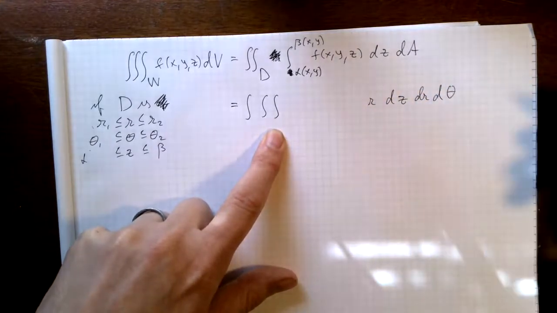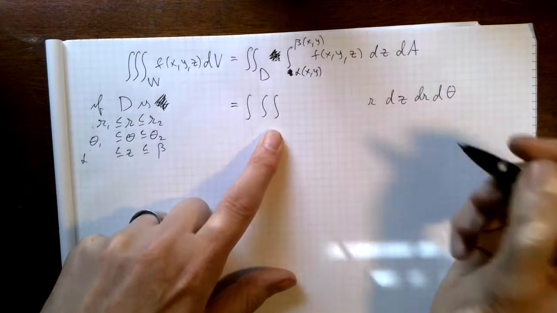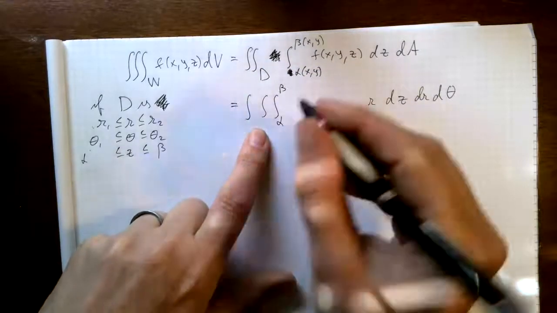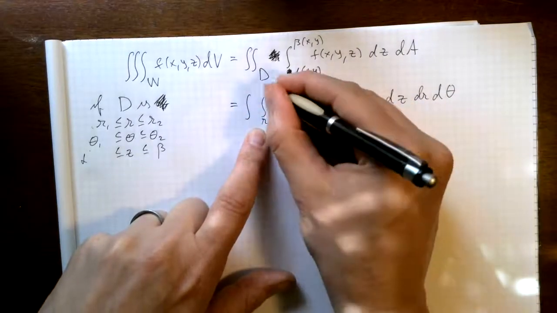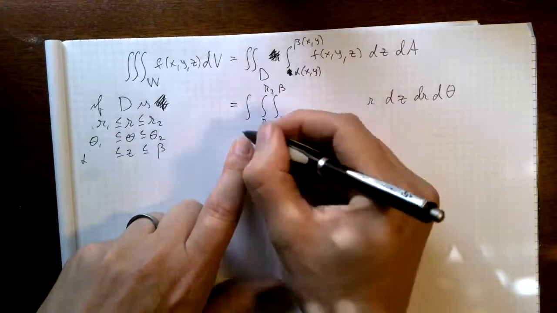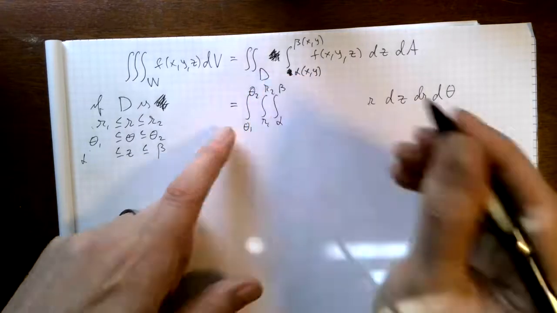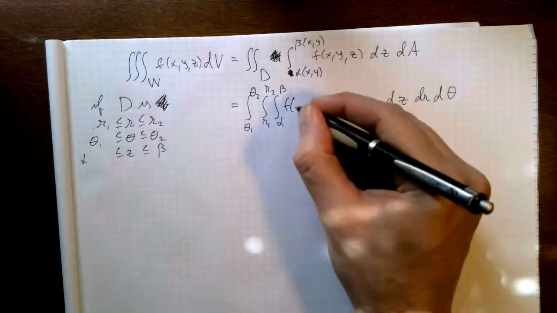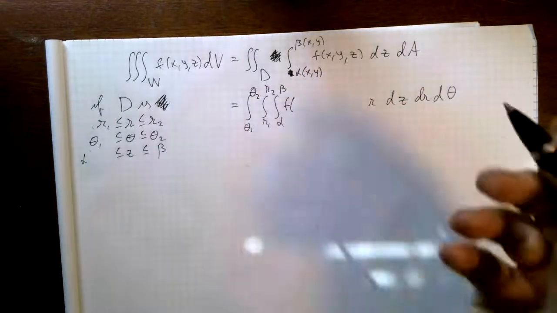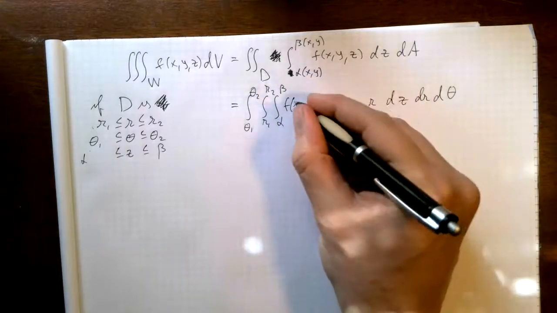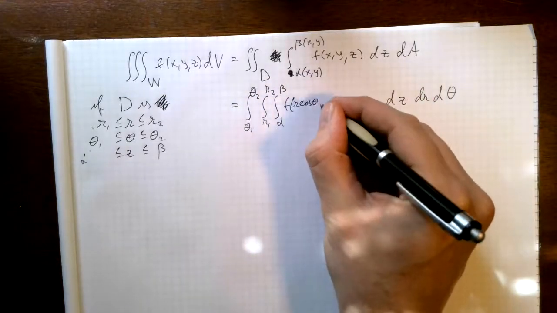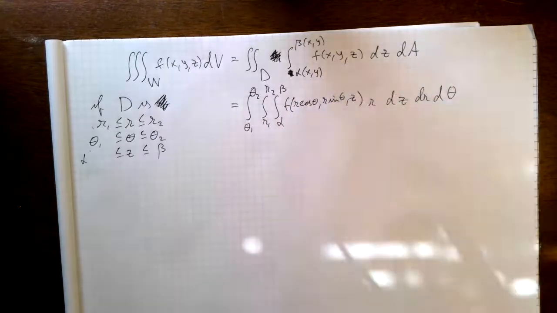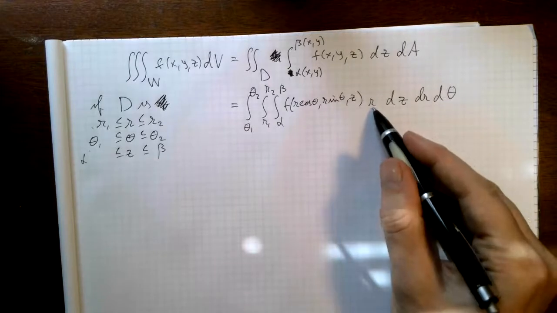That's the dA written in some form, and these are the limits alpha to beta, r1 to r2, and theta 1 to theta 2, right? So I forgot to put down, in terms of cylindrical coordinates, f of r cosine theta, r sine theta, and z, right? And there's still that r, right?